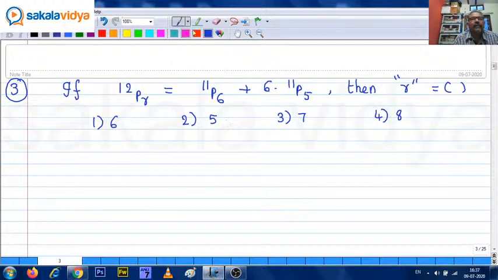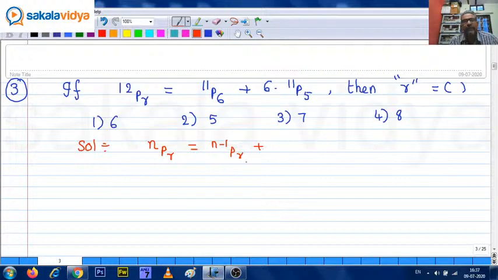Okay, we know from the concept that nPr can be written as: without including a particular object, the number of permutations is n-1 Pr, plus including a particular object.